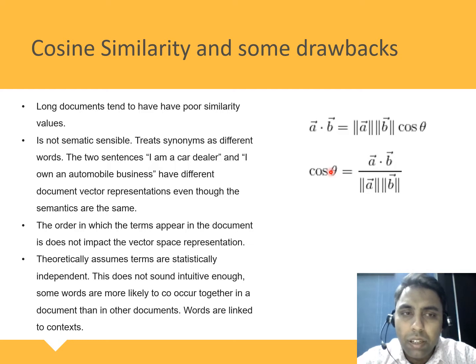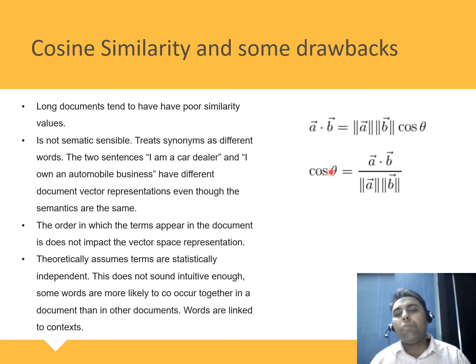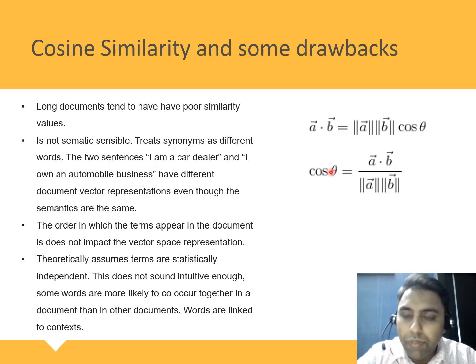If there are two documents which are fairly lengthy and have lots of words in them, then even though the context is similar, it is likely that the exact same words will not be present in the two documents, right? There can be different variants of the words, different variants of the phrases, and that will lead to a poor similarity value, because the vector space model depends on the exact occurrence of the word.